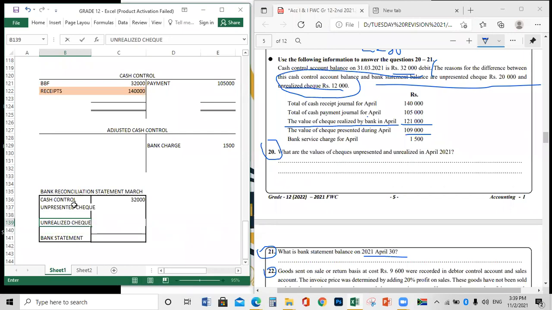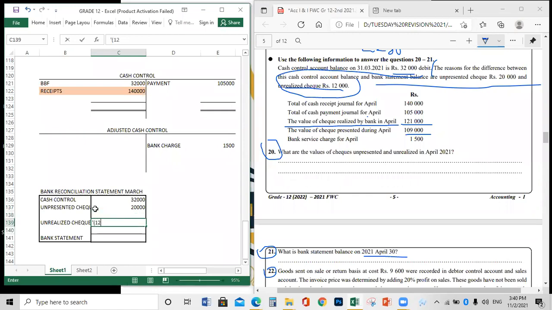Now listen carefully, the students who didn't understand. They said, guys, opening cash control balance is 32,000, but there was a difference between the cash control and the opening bank statement balance. The reason was unpresented check of 20,000 and unrealized check of 12,000.